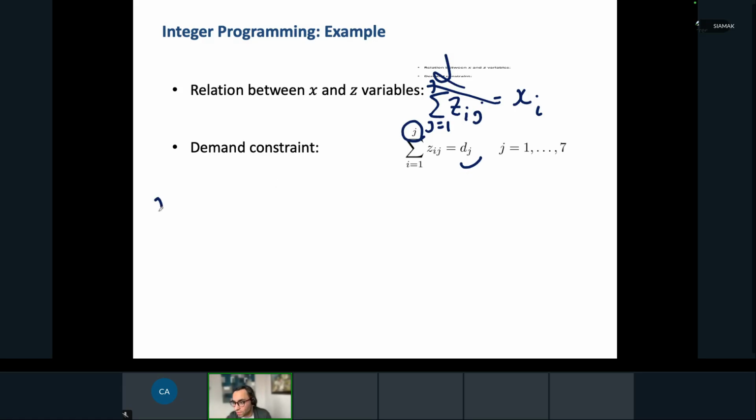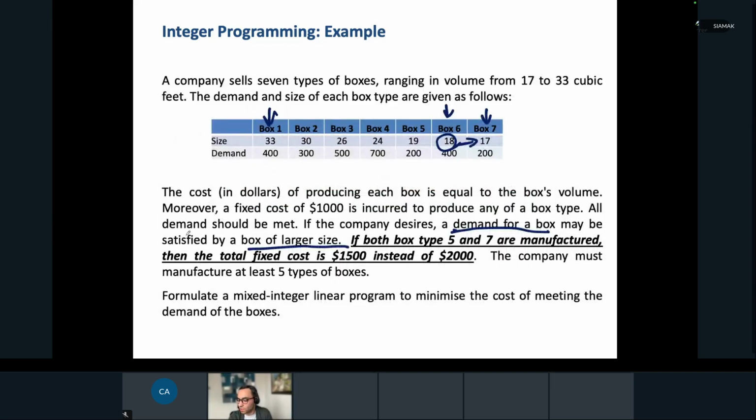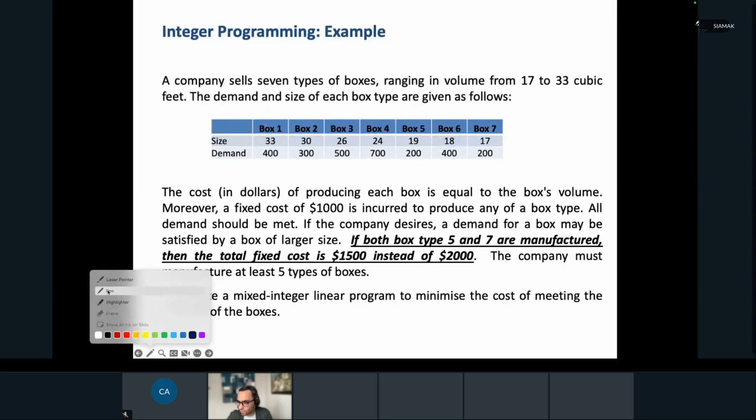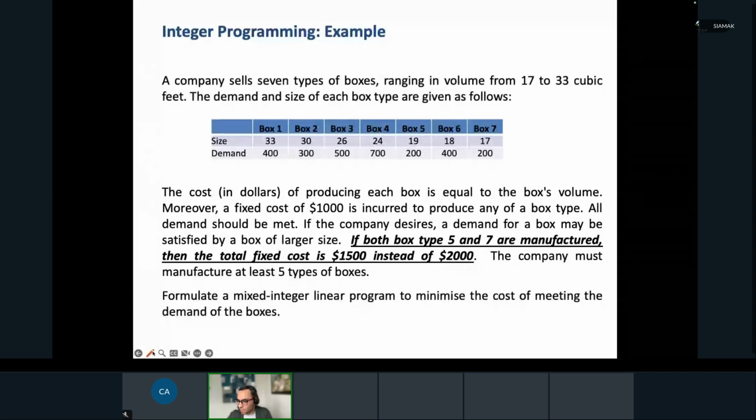For instance, when j is equal to, let's say 2, for box 2, let me erase everything that I have here. Now, we're talking about box 2, and the demand of box 2 can be satisfied by which types? We can use box 2 to satisfy this one and box 1 to satisfy it.